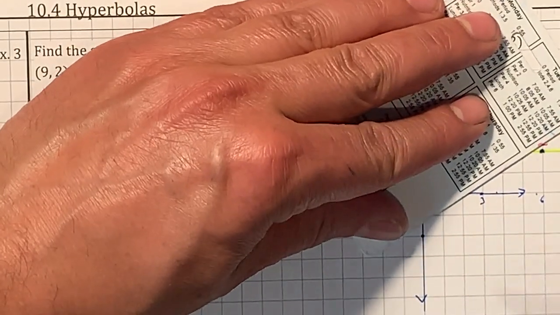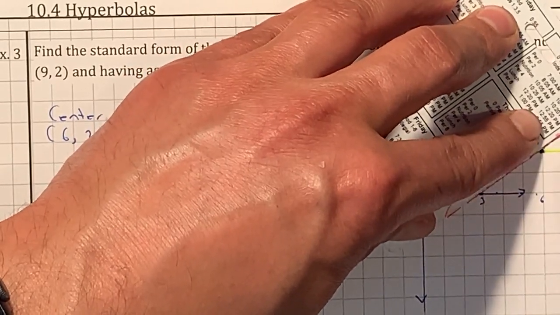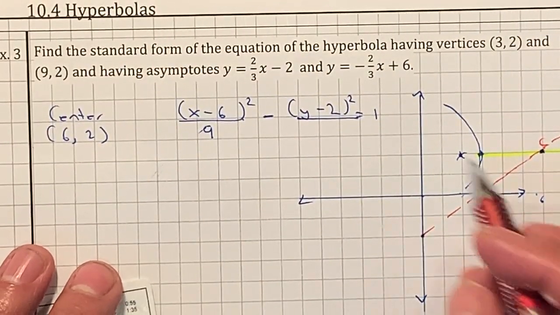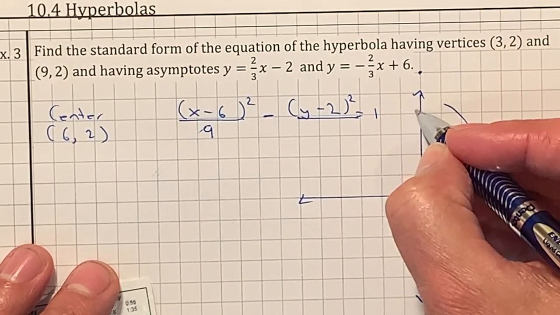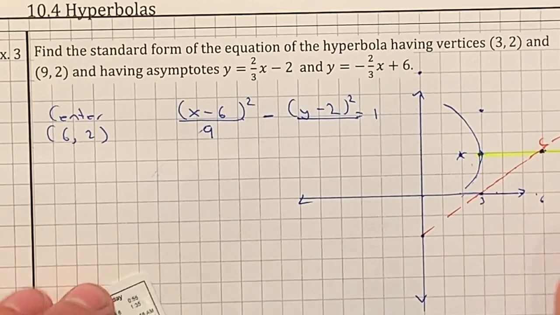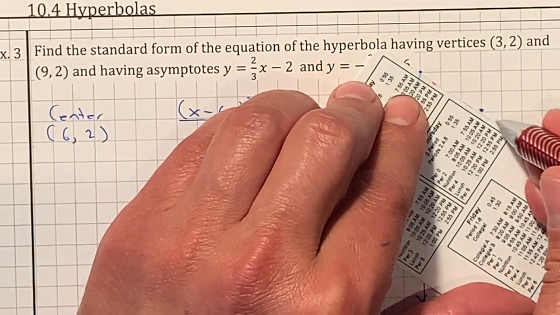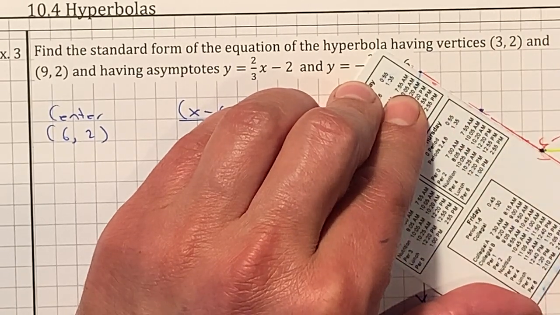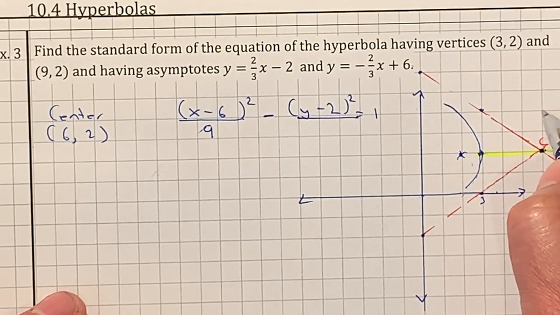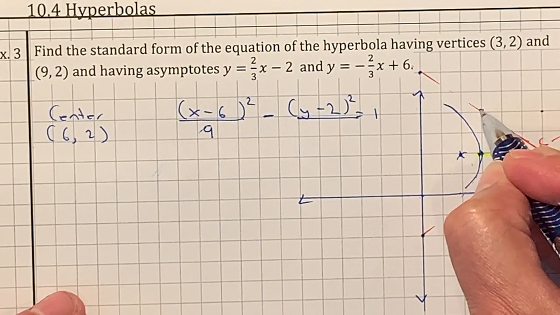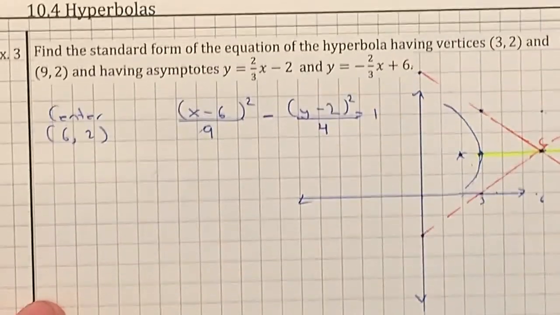So this will be my asymptote. From there we can deduce that we went up 2 to make this box. So if I go up 2, therefore this will be 4.